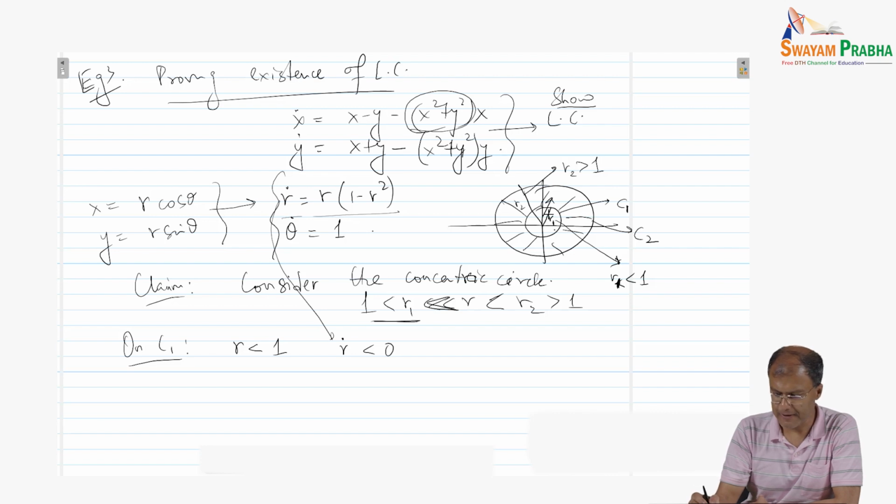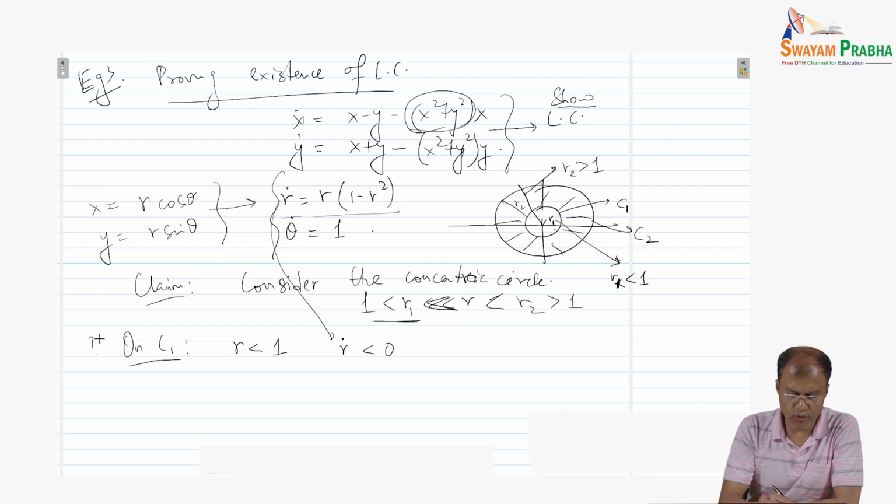So just a minute, I think it's easier for me to first consider the outer curve C2. We'll consider the inner curve C1 a bit later. We'll come back to it, right?